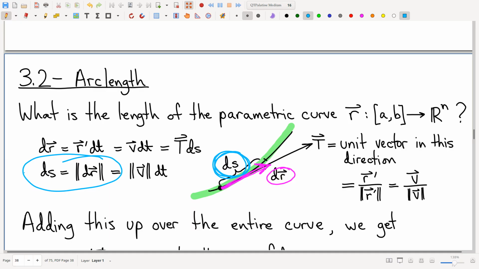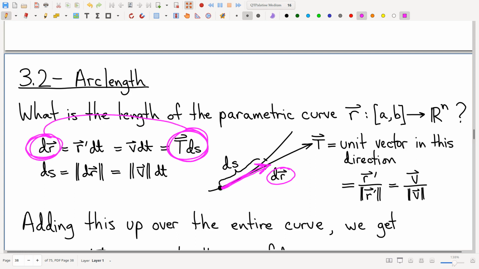Okay. Where things do get a little confusing is what justifies this formula for the dr vector. There's a couple of different ways to think about this that I think are reasonable. The most natural way is this: the dr vector is a vector, so it has a direction and a magnitude.